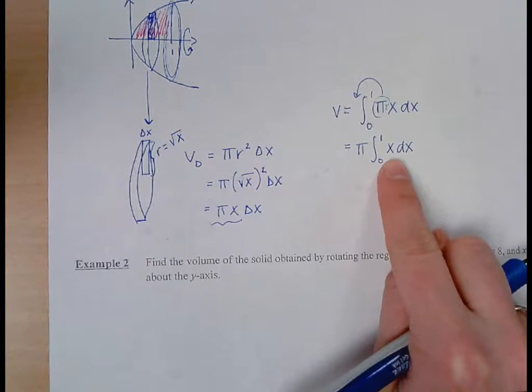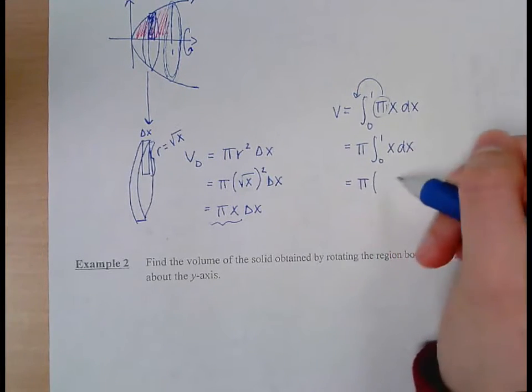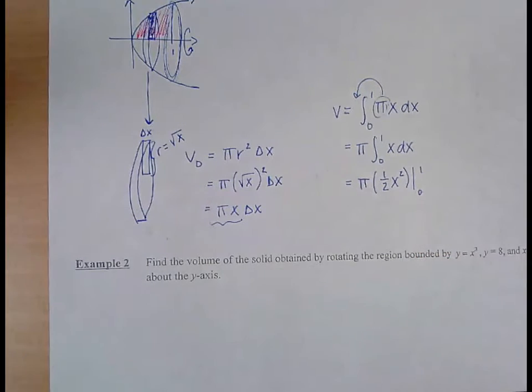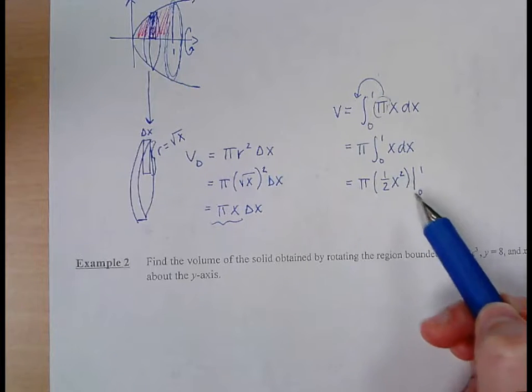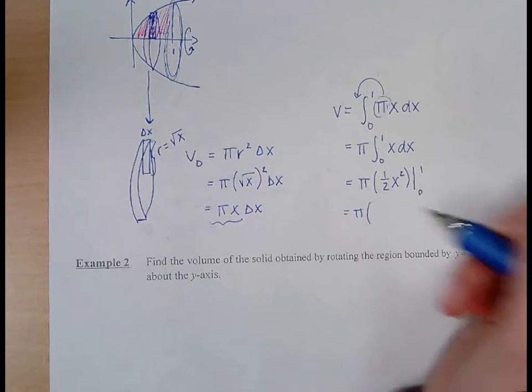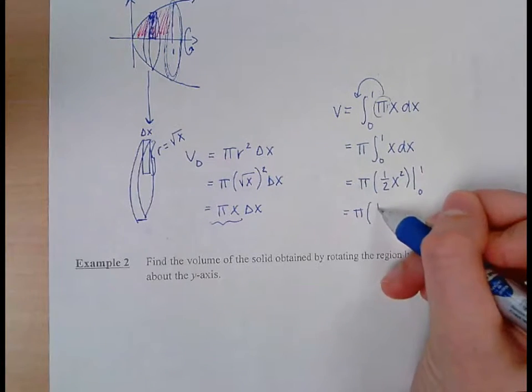So what's the antiderivative of x? 1/2 x squared. So I have pi times 1/2 x squared evaluated from 0 to 1. I really just need to substitute in 1. So if I substitute in 0, I have 0. So I have pi times, if I substitute in 1, 1/2 times 1 squared is 1/2.